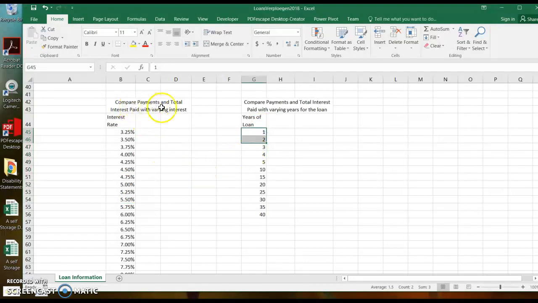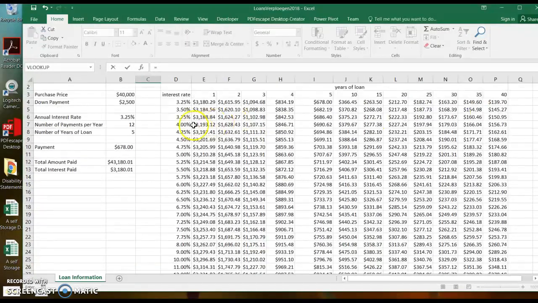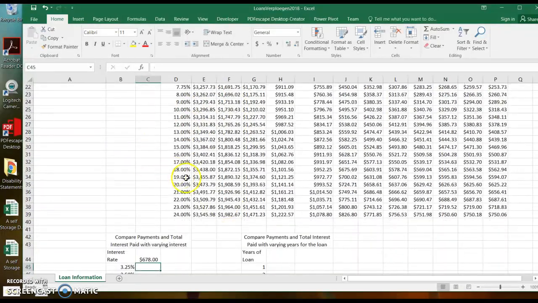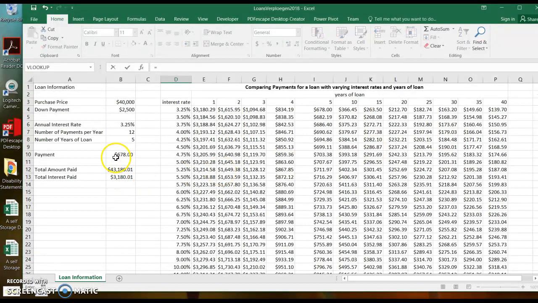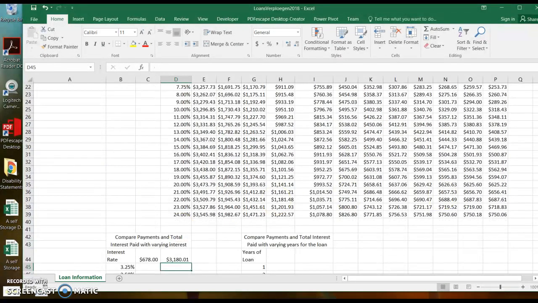So over here it says compare payments and total interest with varying interest. So in here we're going to say what is my payment going to be? And down here I'm going to say what's that total interest that I've paid, which is this $31.80 again. That's what we need to know.